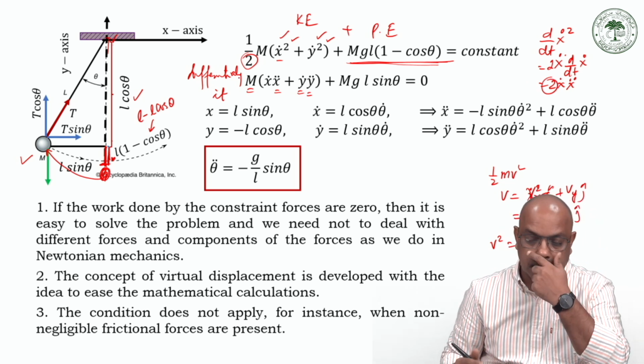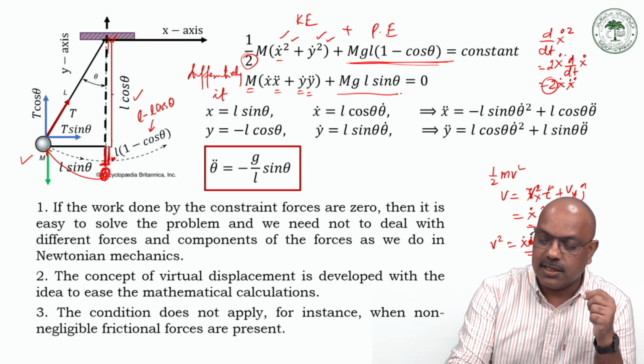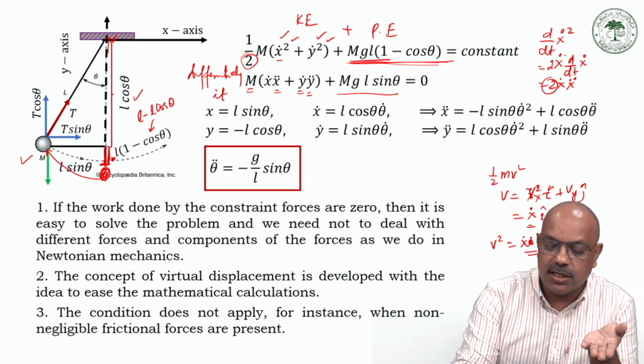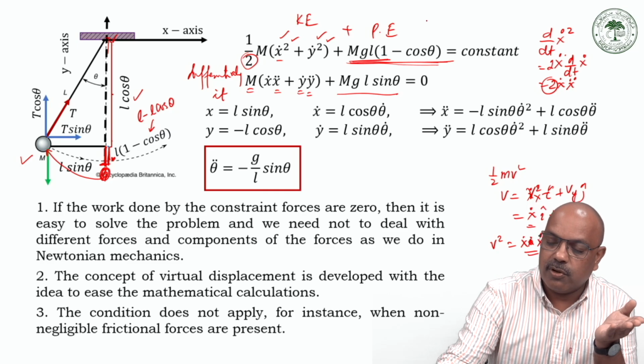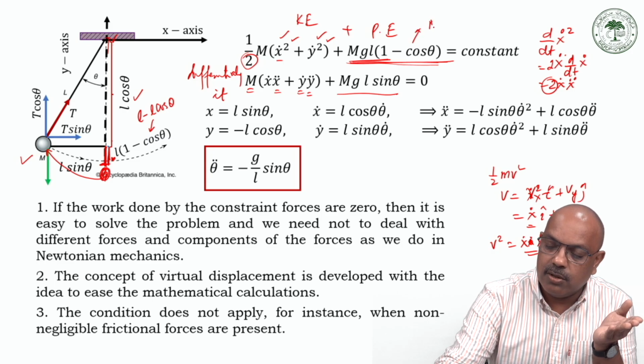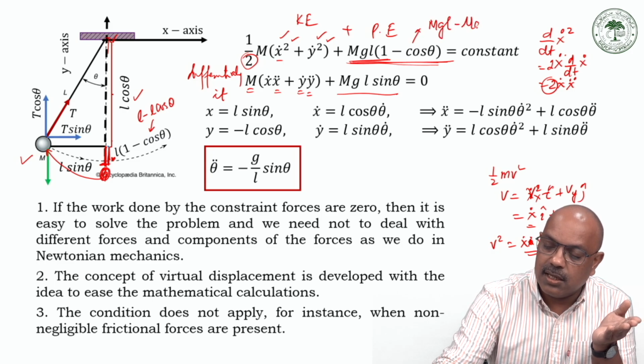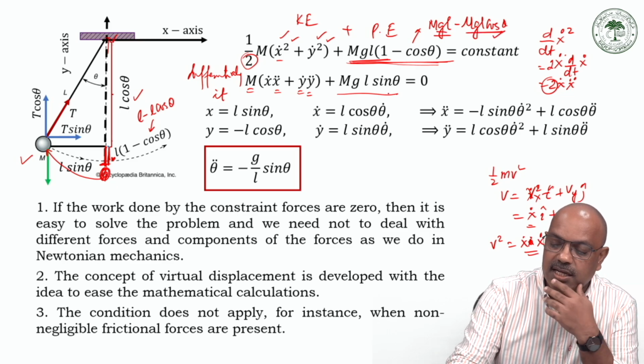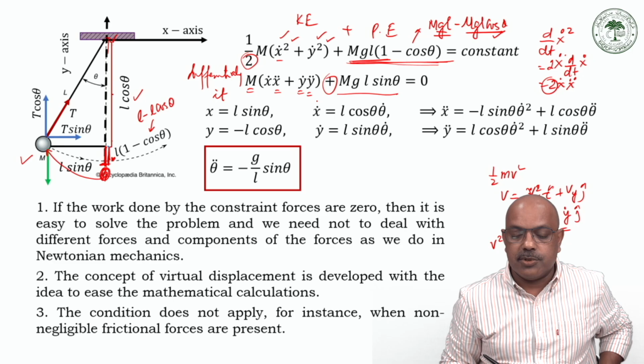And then mgl sine theta, because L is a constant quantity when I'm differentiating. From this I have mgl minus mgl cos theta, which is 0, so I'm left with mgl cos theta. Cos theta becomes sine theta, and the quantity becomes plus.